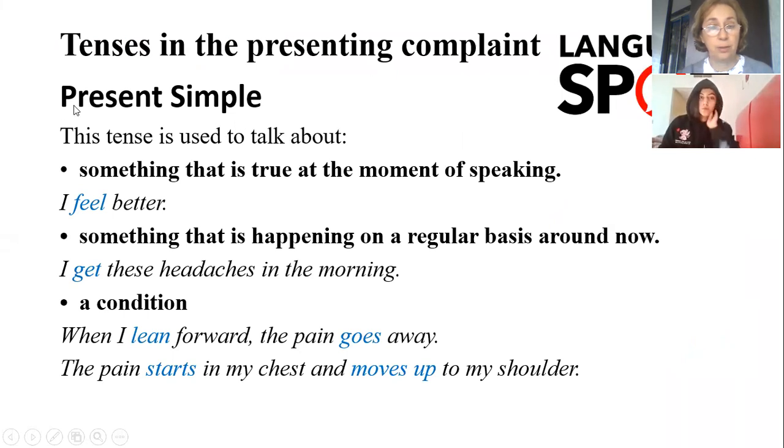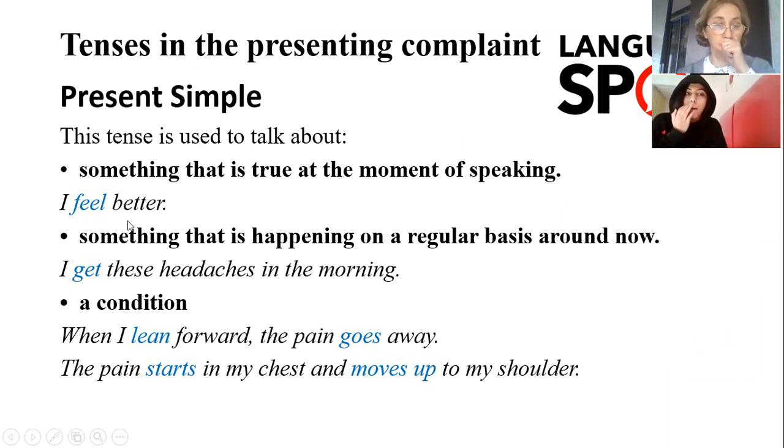Now I would like to summarize and give some examples. The present simple can show several things: something that is true at the moment of speaking, for example, I feel better.